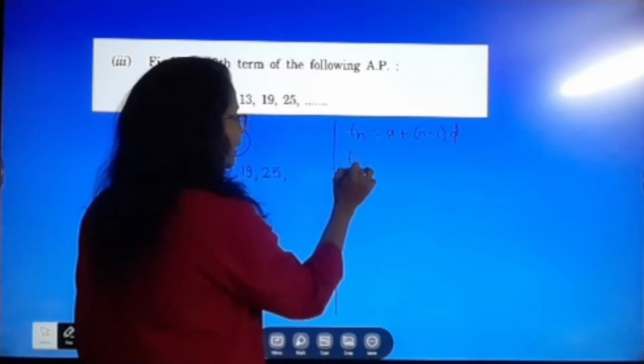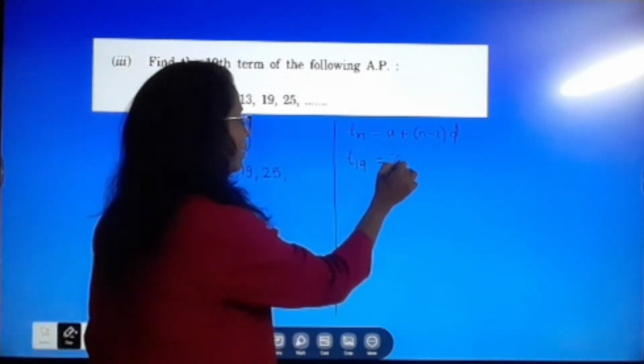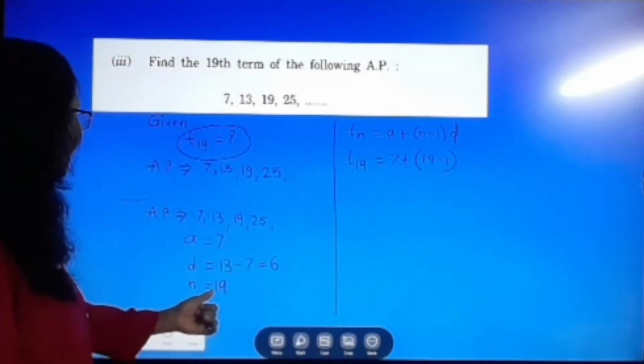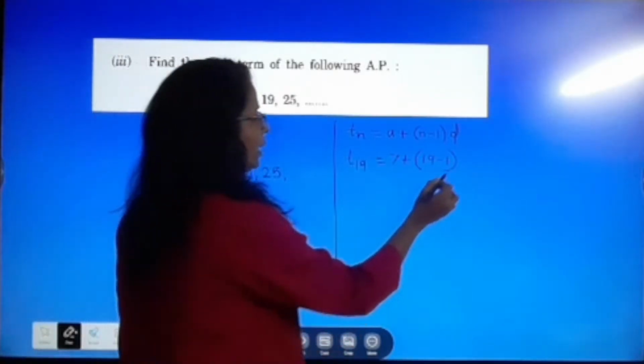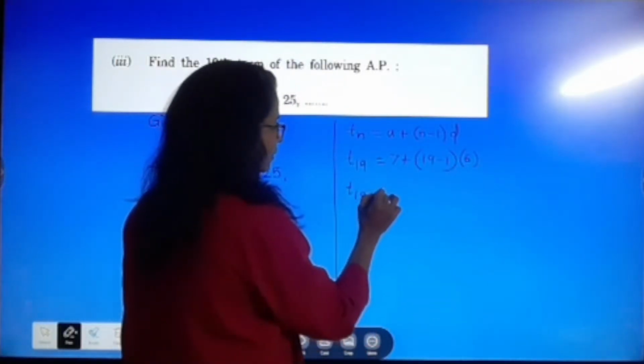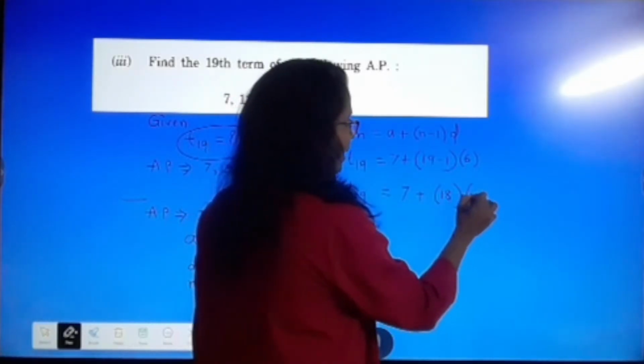Then here T19 is equal to A, that is 7 plus 19 minus 1, and the D, that is the 6. Okay, I write in the bracket. Then T19 is equal to 7 plus 18 multiply 6.